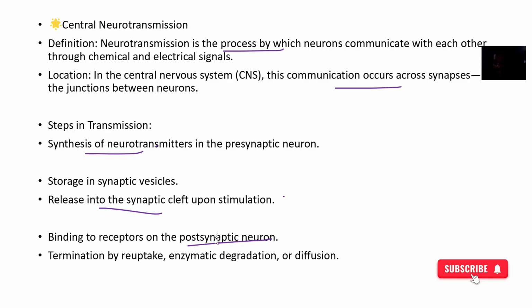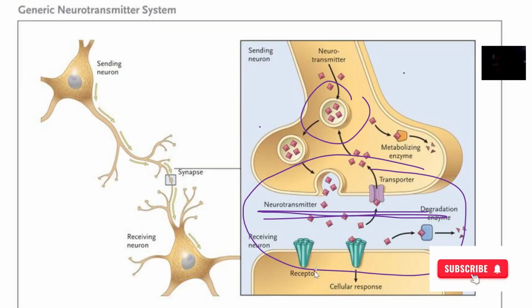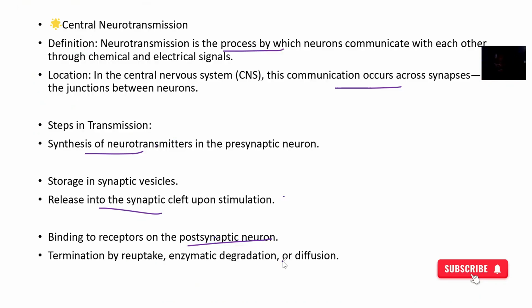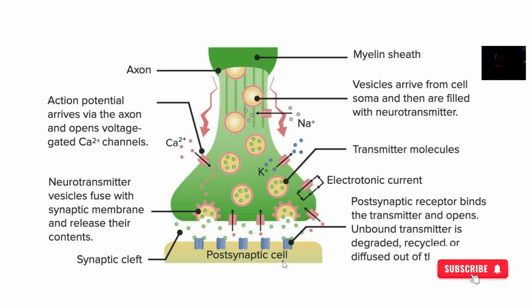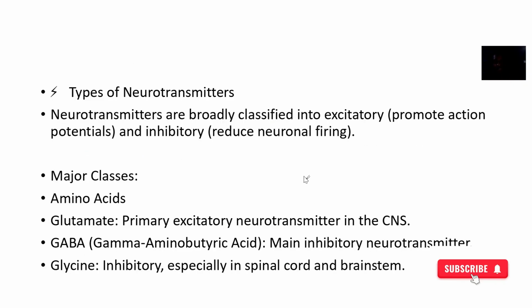These receptors have to recognize the neurotransmitter. If they don't recognize it, they don't accept it. So it's a well coordinated process that deals with a lot of intelligence.